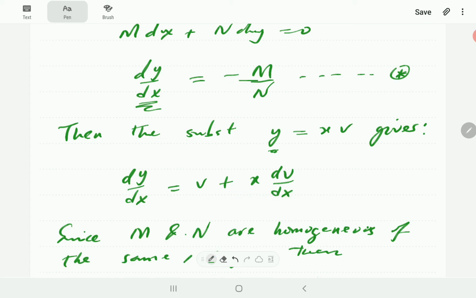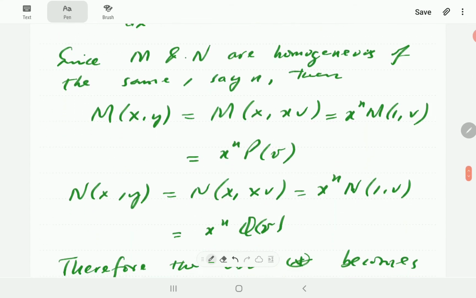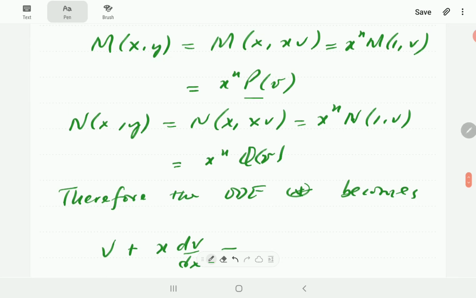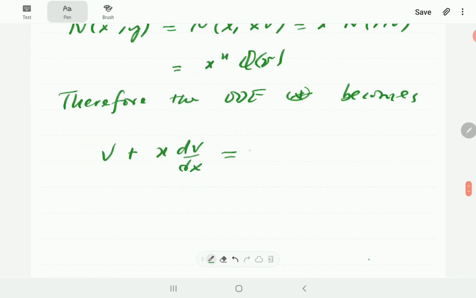On the right hand side we've got negative M over N. After the substitution, M becomes x to the power n p of v, divided by x to the power n q of v.